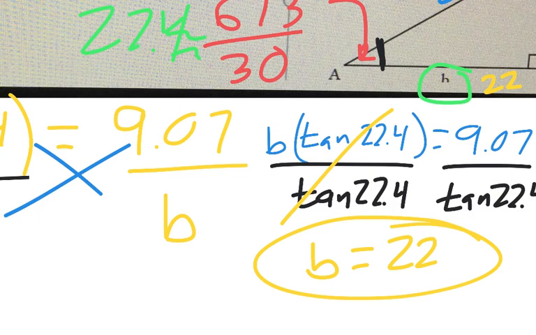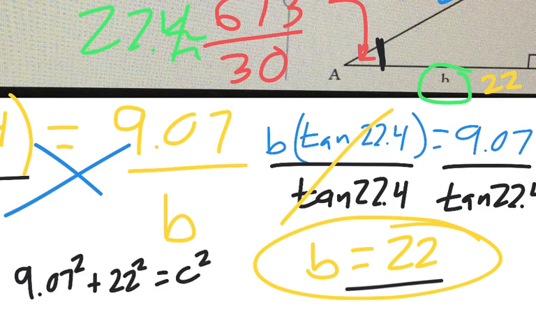You also, if you feel good you did the second part correctly, finding B, could use the Pythagorean theorem to find the third side of a right triangle. So you could say A squared plus B squared equals C squared. That's probably the way I would do it, just because I think it's the least amount of steps. I'm kind of lazy sometimes.